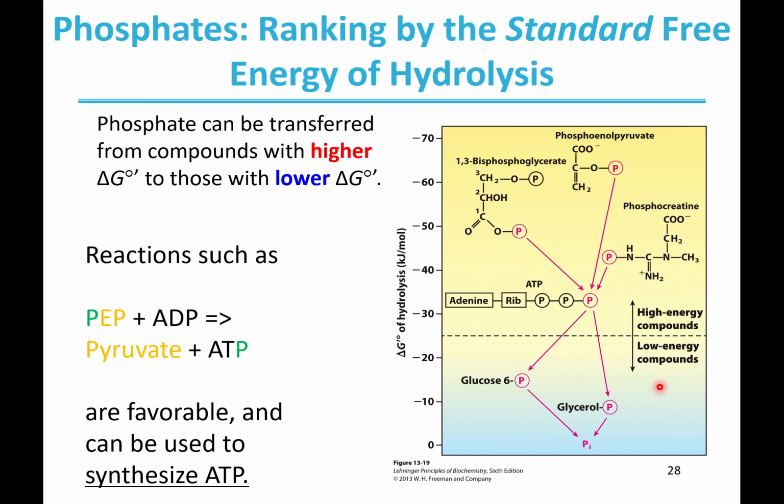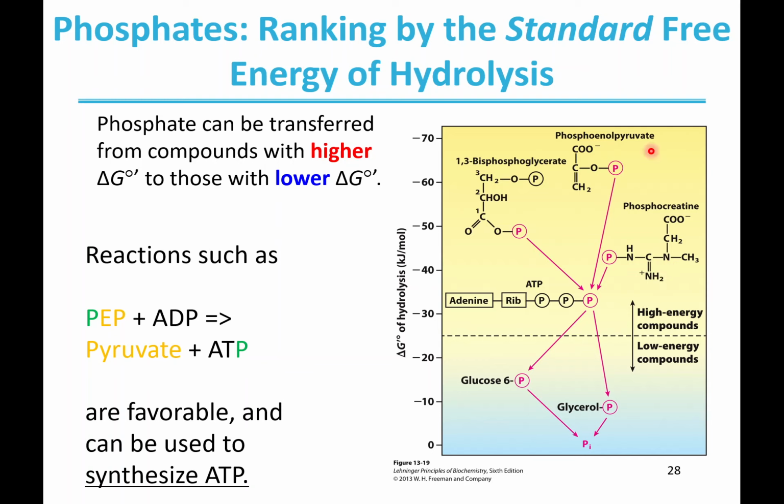So if we look at the relative energy of some of these molecules, PEP, the phosphoenolpyruvate, is the highest energy biomolecule. 1,3-bisphosphoglycerate is kind of a close second. Phosphocreatine is up there too.